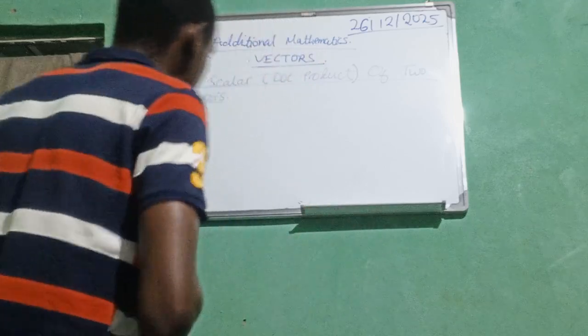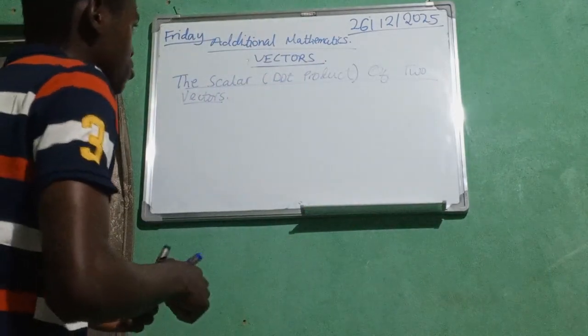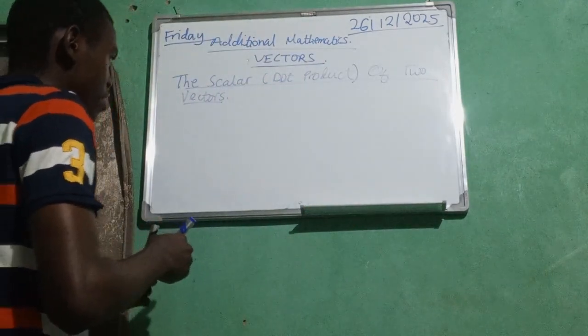Okay. So the scalar or dot product of two vectors is given by a formula.